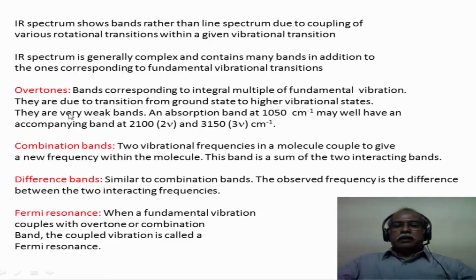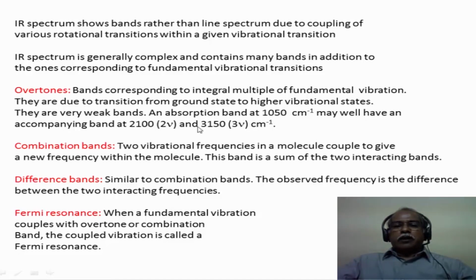Let us assume there is a stretching absorption band at 1050 inverse centimeter. This may very well have accompanying, much weaker bands, called the second harmonic and the third harmonic, occurring at multiples of the frequency of the primary fundamental vibration. 1050 is the fundamental vibration, so one can expect 2100 to be the second harmonic and 3150 the third harmonic.